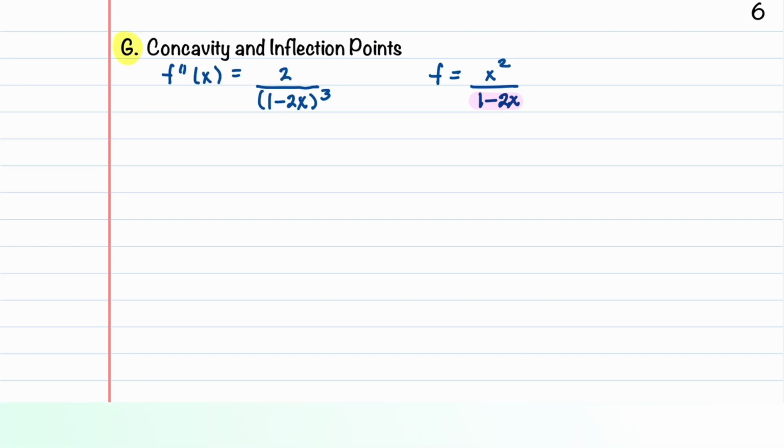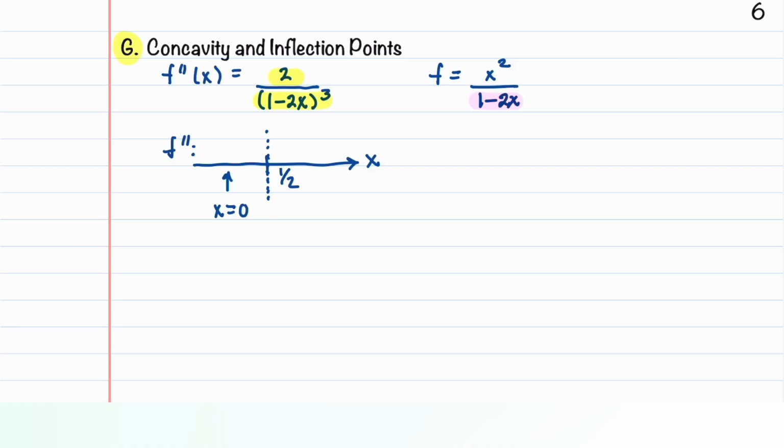Let's go ahead and draw a number line, and let's put the point 1/2, and then we'll have a little dotted line here because we have a vertical asymptote there. Now what we're going to do is look at f double prime to the left and right of this point. Here, we could pick a point x is equal to 0, and let's look at the value of f double prime.